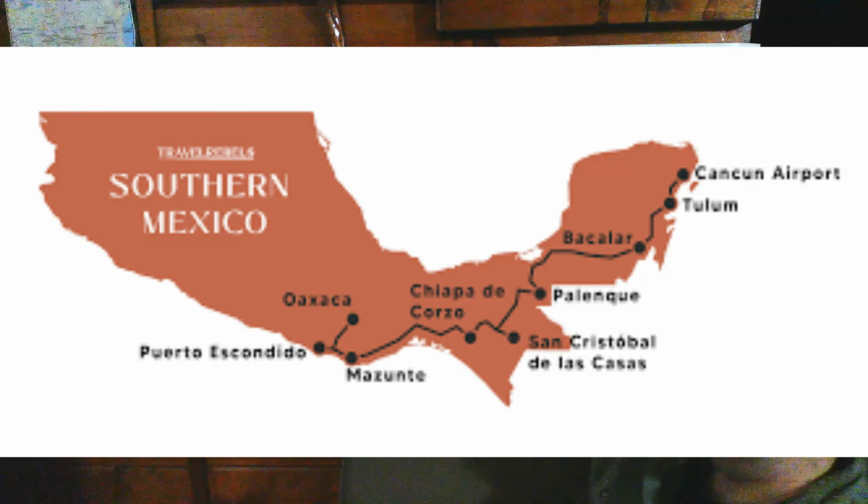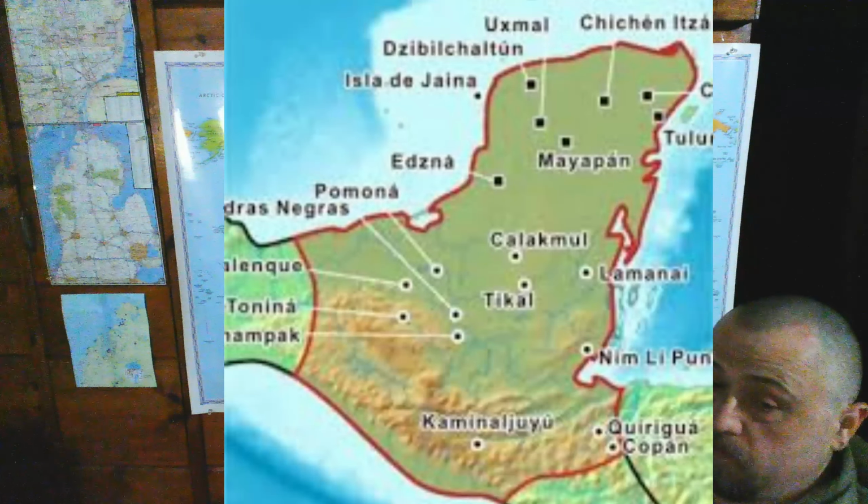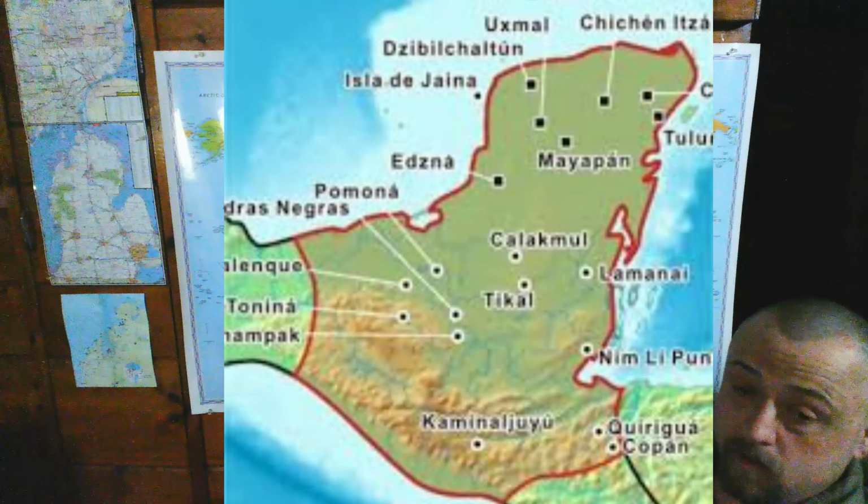They occupied parts of southern Mexico, Guatemala, Honduras, Belize, and El Salvador. So they had a pretty good area there in Central America that they occupied. They had several major cities: Palenque, Copan, Palenque and Uxmal. I don't know if I'm saying that one right.